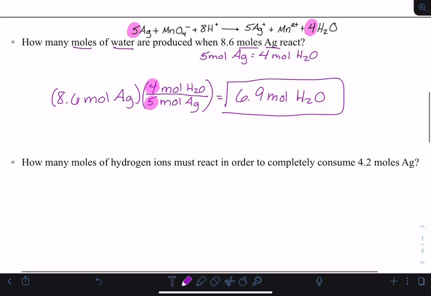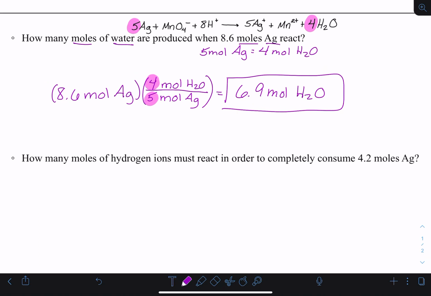And then our last example with the same reaction, how many moles of hydrogen ions must react in order to completely consume 4 moles of silver? So now we're still looking at silver, but instead of relating it to how much water we're going to produce, we're looking to now relate it to how many hydrogen ions must react. We want to make sure we have enough of all of our reactants.